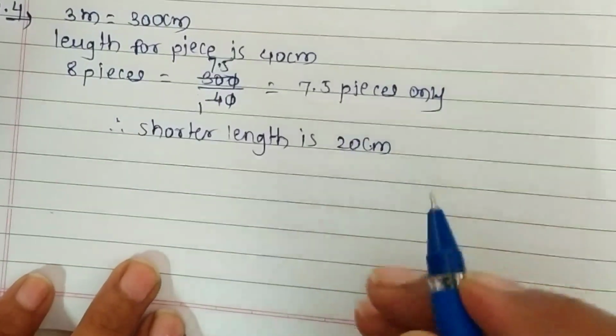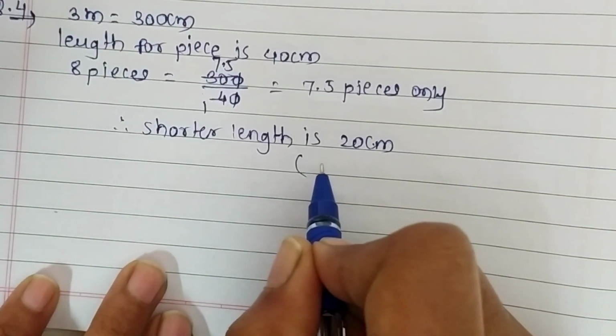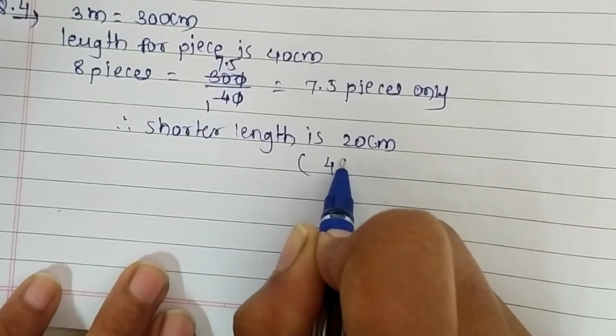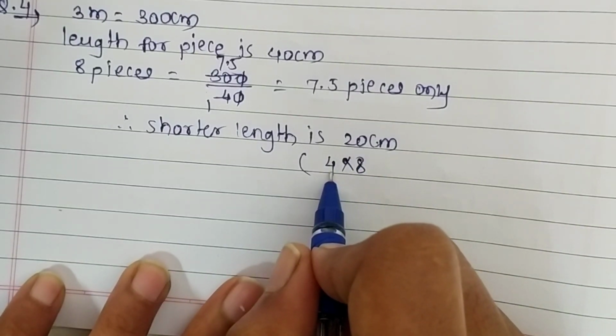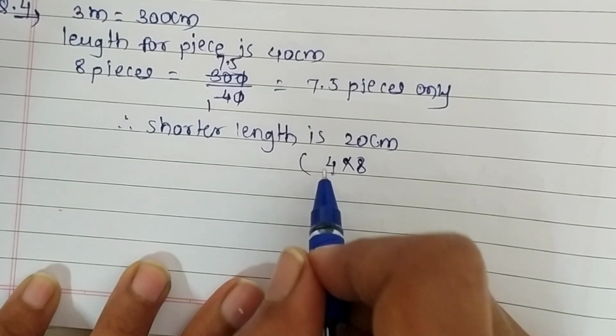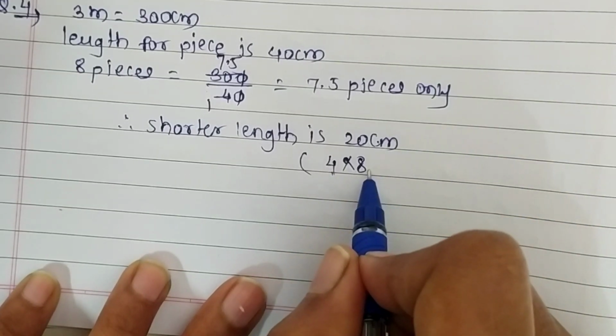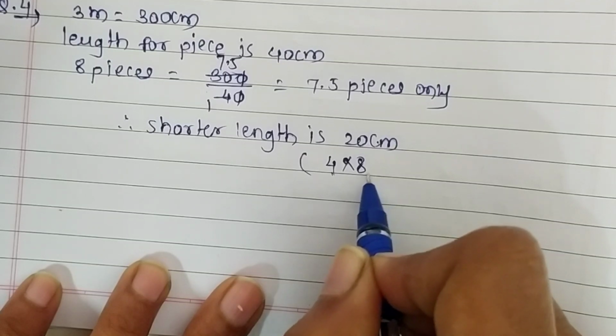How? When we multiply 4 into 8, because 40 centimeter is the length of each piece and we need 8 pieces here.